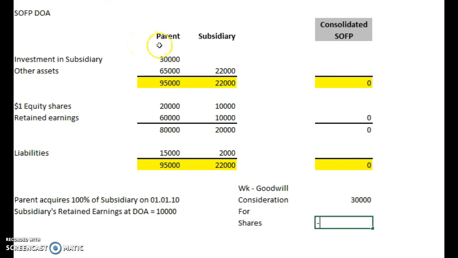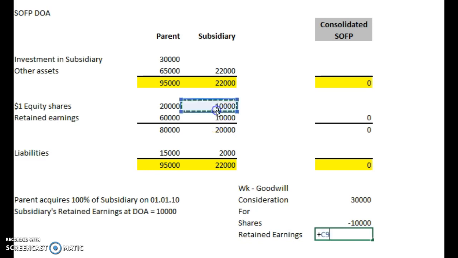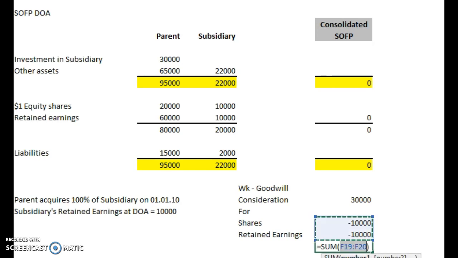Let's take negative, they've paid £10,000 for shares, and they've paid retained earnings, which was also 10,000. Just make that negative, and if we add that lot together, we've paid 30 for equity worth 20, gives an outstanding amount of £10,000, which is our goodwill amount.